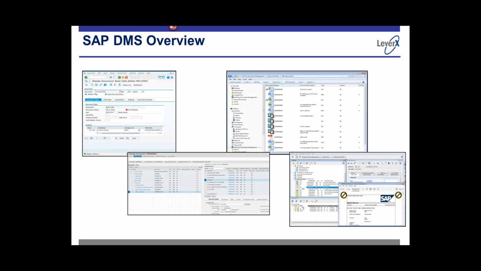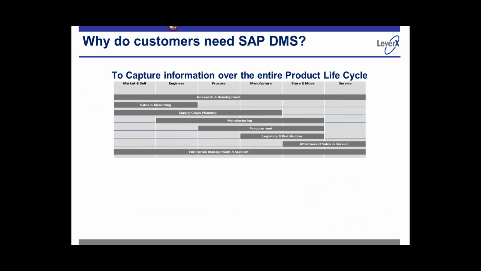So let's talk a little bit about SAP DMS. Why do customers need SAP DMS? Well, basically every enterprise creates documentation along the life cycle of their products and their offerings, and there are many different areas that create documents: research and development, sales, supply chain, manufacturing, procurement, etc. There's documentation created in each of these swim lanes, as we see on the screen.